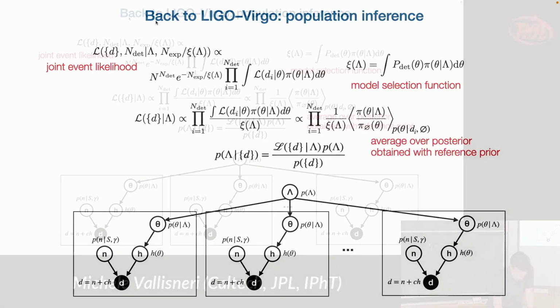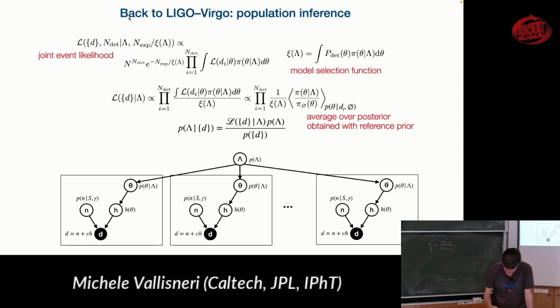Oh yeah, population inference, just what I was saying here. Now, let's say we have more than one event. We're going to think about these black hole and neutron star systems as coming from the same astrophysical population. And we want to try to characterize the astrophysical population based on the events that we have seen.